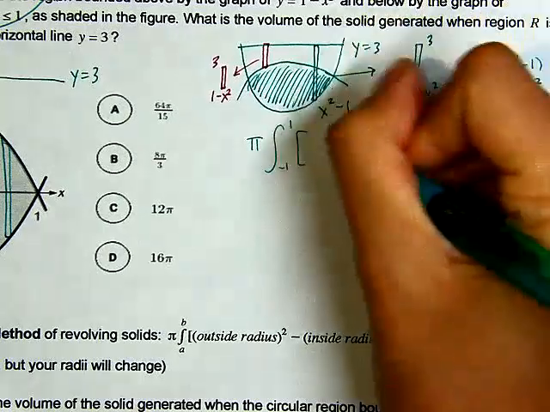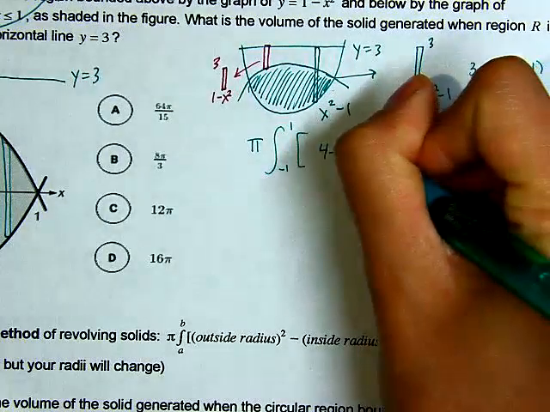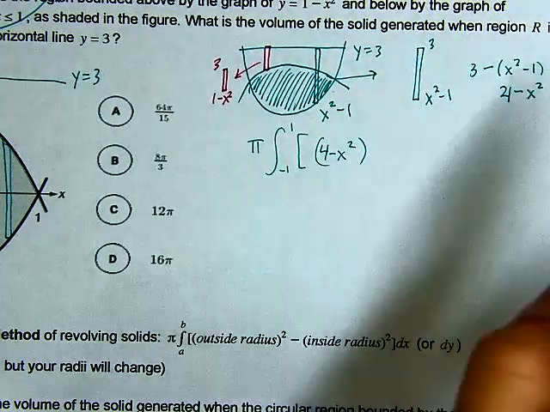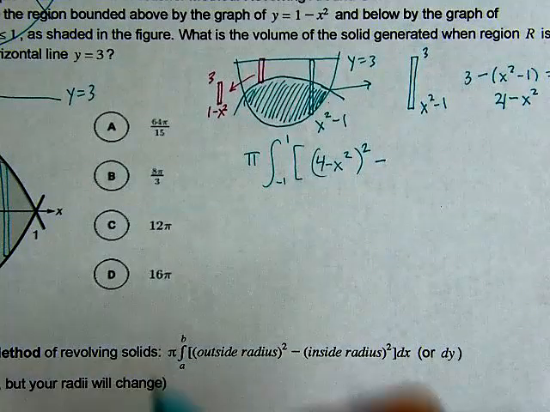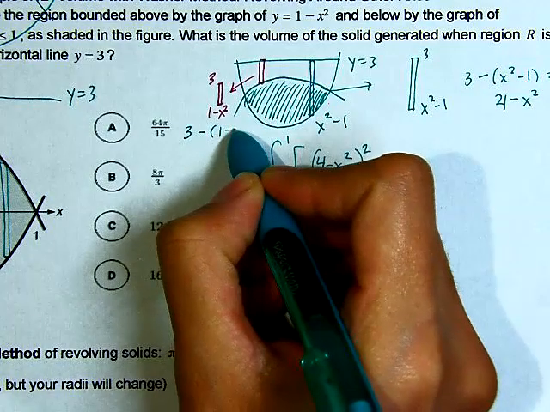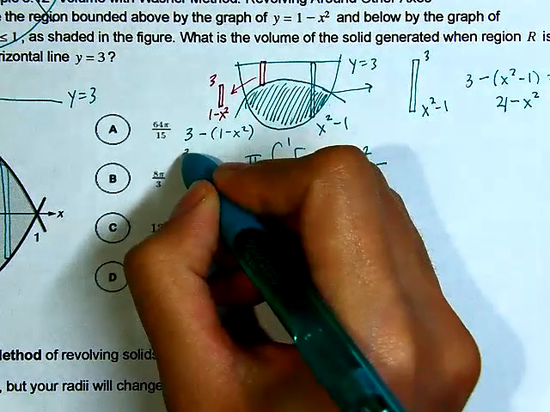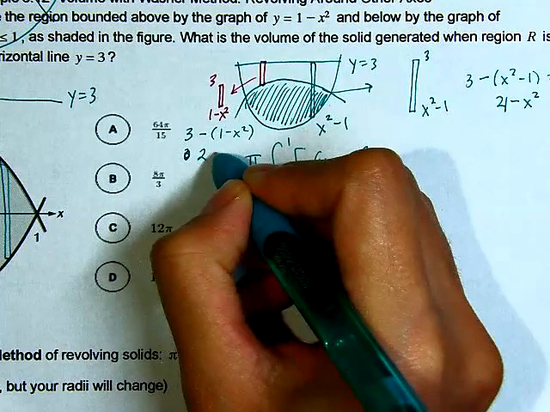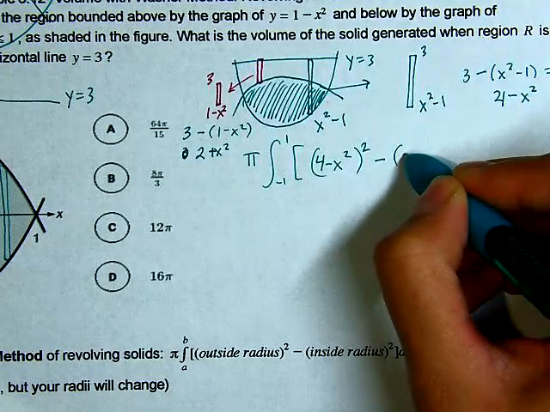The outside radius is 4 minus x squared, this piece over here, and I'm going to square that. And then I'm going to subtract away my inside radius. So my inside radius would be 3 minus, parenthesis, 1 minus x squared. Make sure to distribute that negative. So then we end up with 2 plus x squared. So that becomes my inside radius.